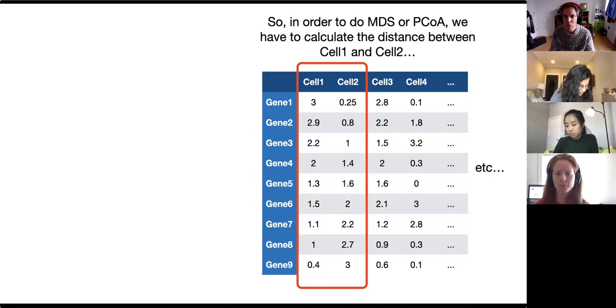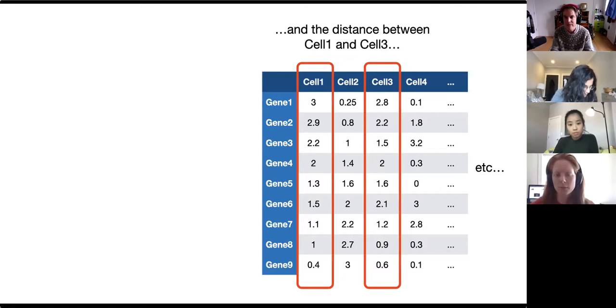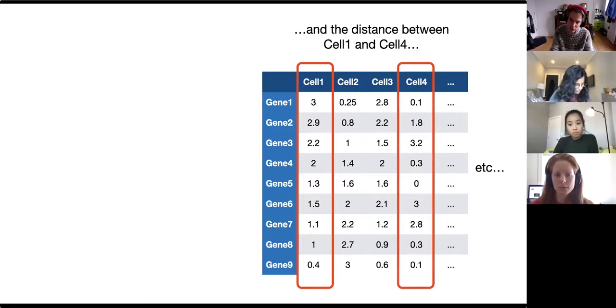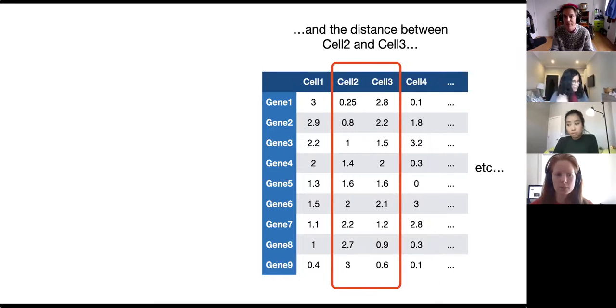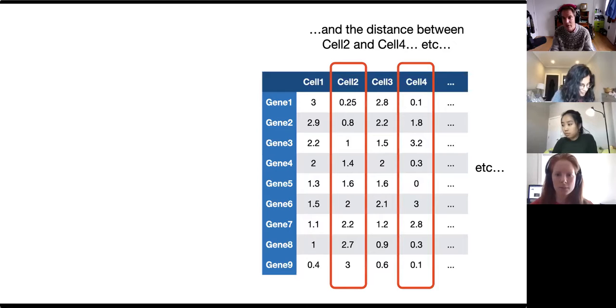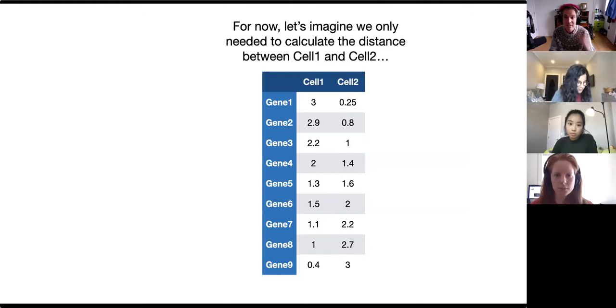So in order to do MDS or PCoA, we have to calculate the distance between cell 1 and cell 2, and the distance between cell 1 and cell 3, and the distance between cell 1 and cell 4. And then we calculate the distance between cell 2 and cell 3, and the distance between cell 2 and cell 4, etc. Okay, for now, let's imagine we only need to calculate the distance between cell 1 and cell 2.